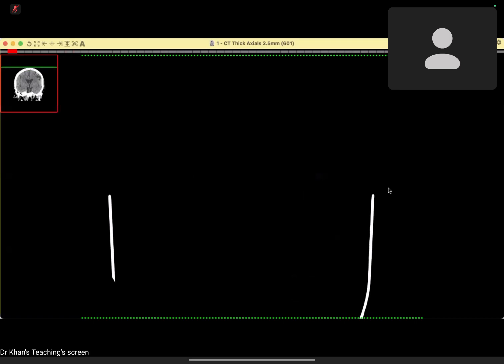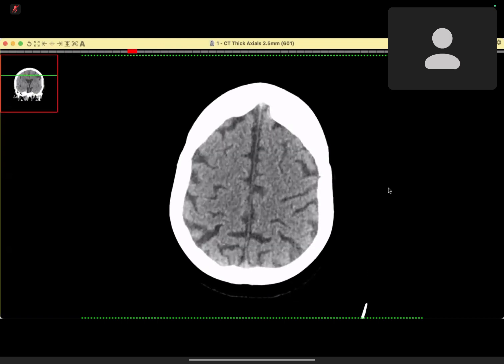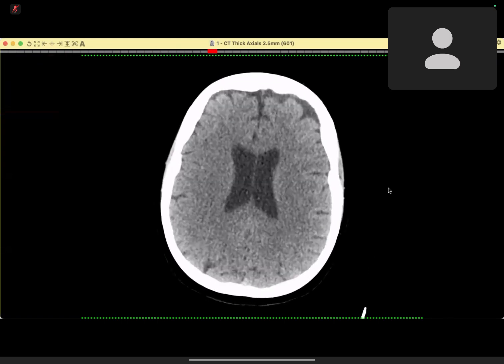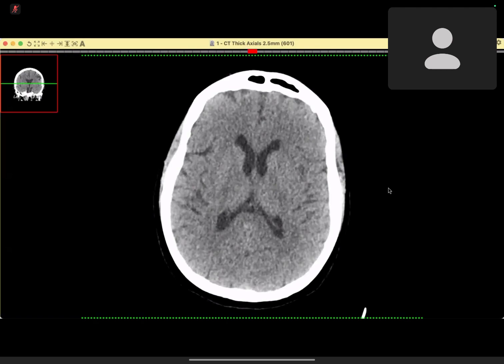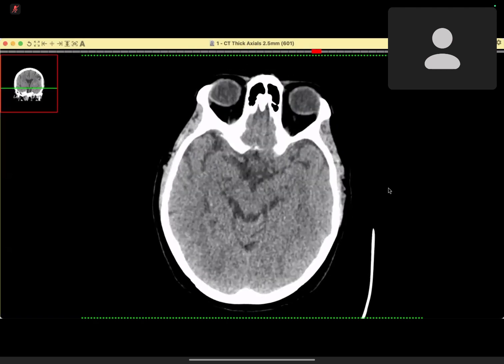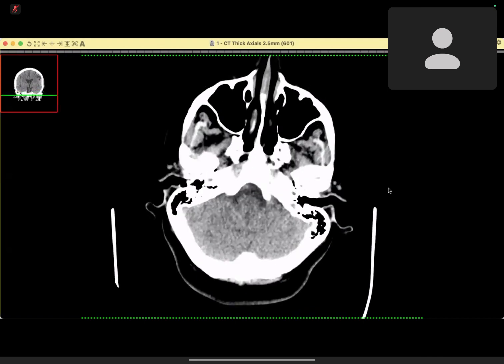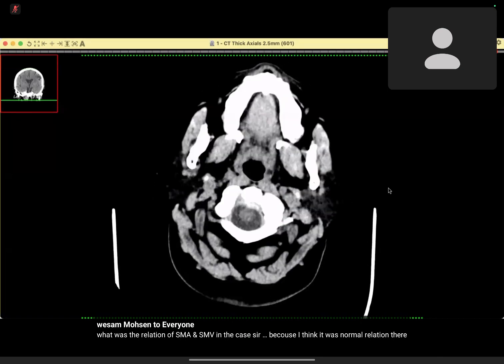Okay, so I have been presented with axial images of a brain CT scan without IV contrast for a 69-year-old female patient with history of falling down on her head with vomiting. She is on blood thinners. I will go through the sequence until the last cut, and then I will come back to my findings.